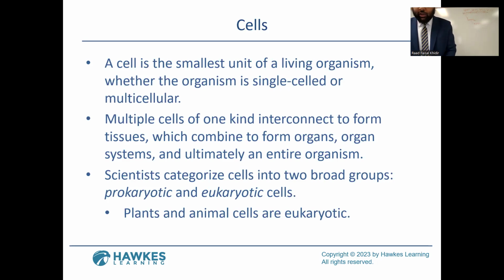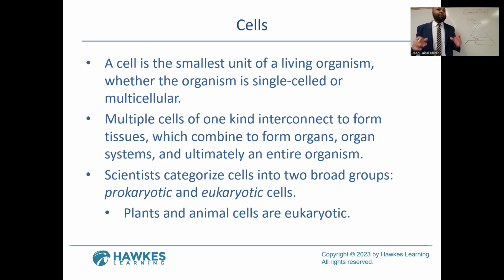If you look here, you see that you have a pyramid. On the base of the pyramid, you will have the cell. Many cells of the same kind will give you a tissue. Many neurons will give you a neuron tissue. Many hepatocytes will give you hepatocyte tissue.